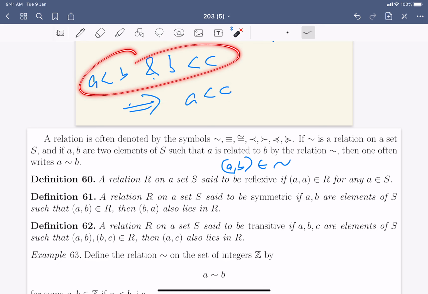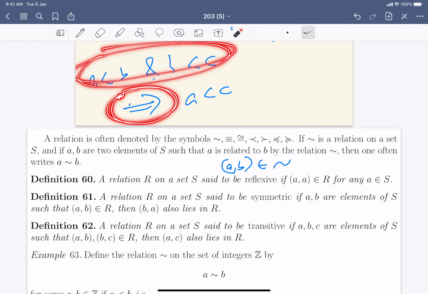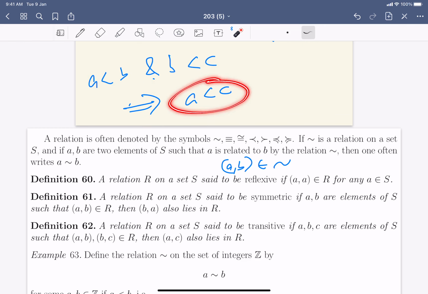So if some such situation holds for a given relation, this implication holds for any A, B, C. Okay, if A, B, C are real numbers or integers satisfying these two inequalities, then this third inequality has to hold. So if for a relation some such thing holds, then we call it transitive. Let me explain what I mean by some such thing.